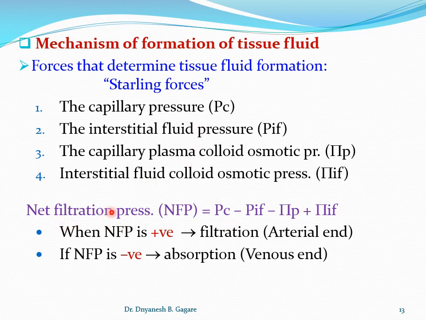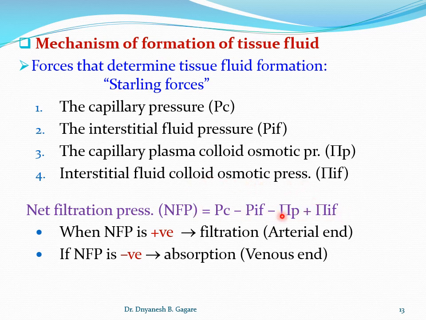If you see the formula, the net filtration pressure is PC, that is capillary pressure, minus interstitial fluid pressure, minus the capillary colloid osmotic pressure, plus interstitial fluid colloid osmotic pressure.